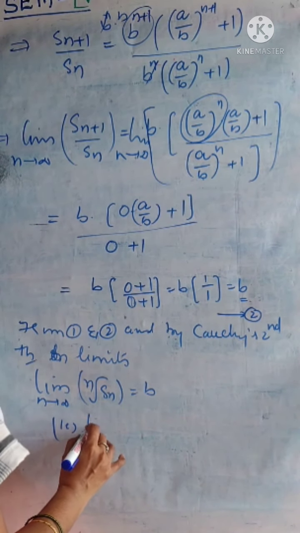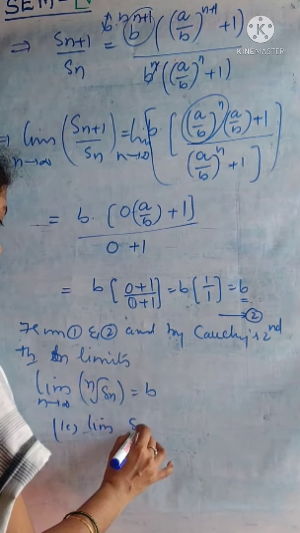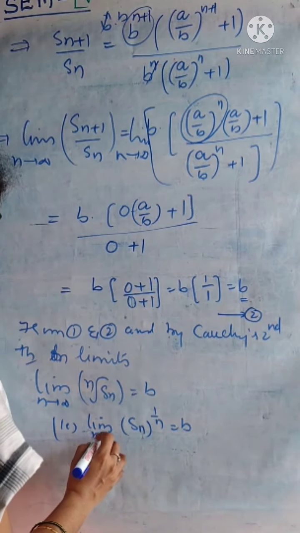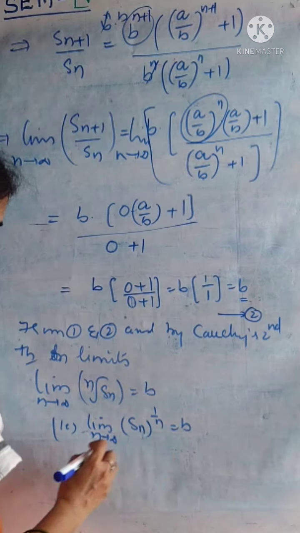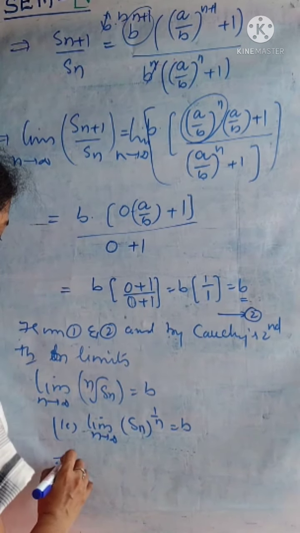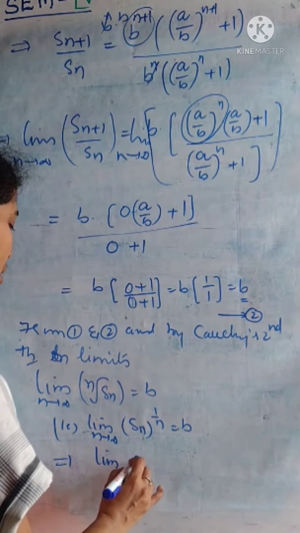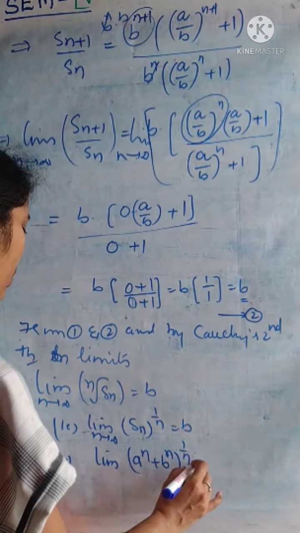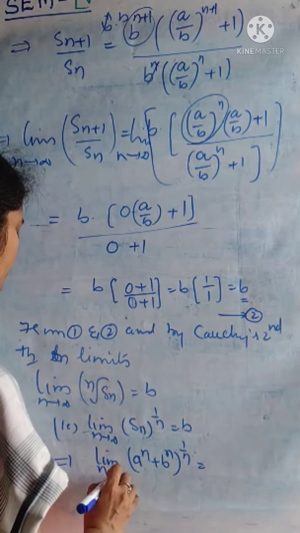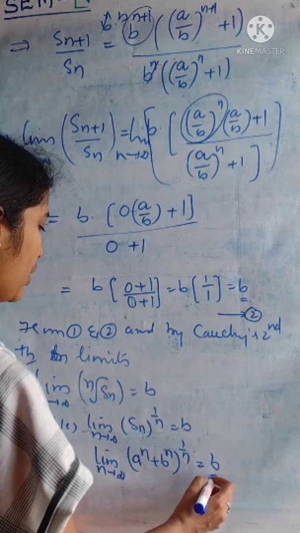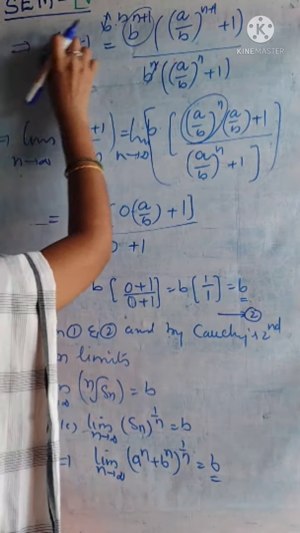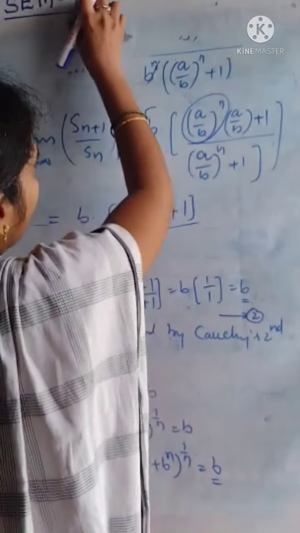That is, the limit of Sn^(1/n) when n tends to infinity is b, which implies, what is Sn here? The limit of (a^n + b^n)^(1/n) when n tends to infinity is b. In this case, we prove the result that we want.